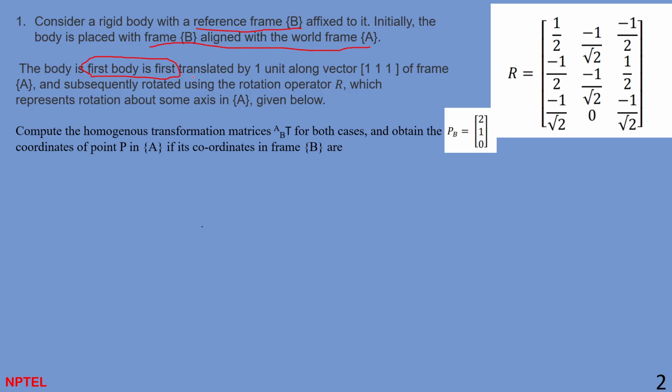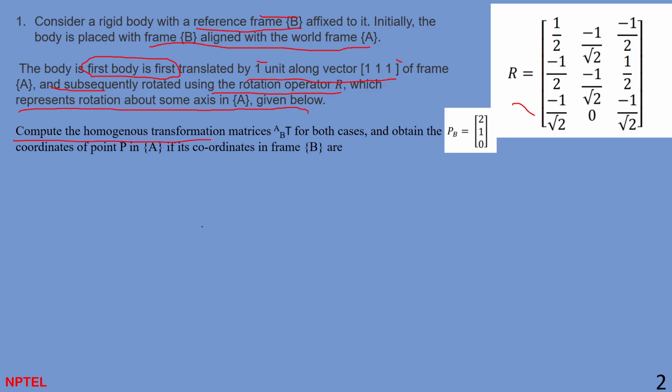So B is your body, and it is being translated by one unit along the vector given here, and subsequently rotated by the rotation operator R. So first there is a translation by one unit along this vector, and then a rotation which represents rotation about some axis in A. Okay, so A is a world frame, which is a fixed frame.